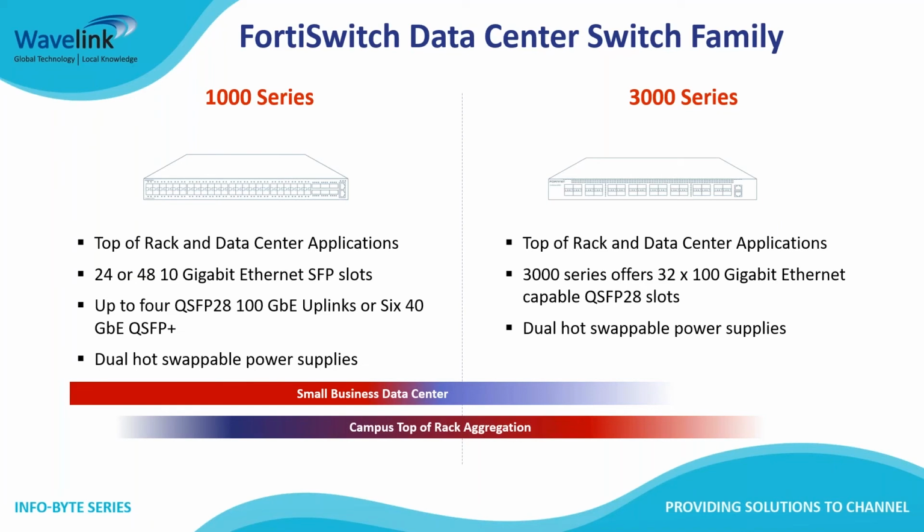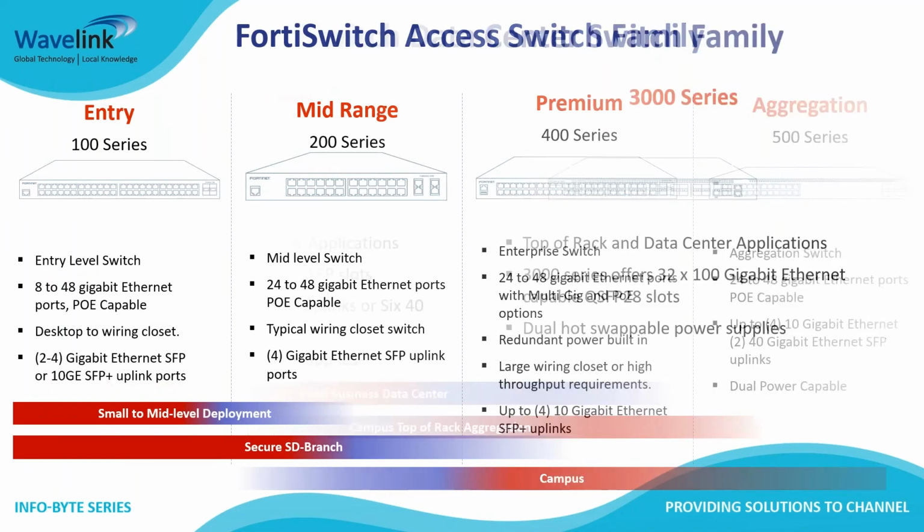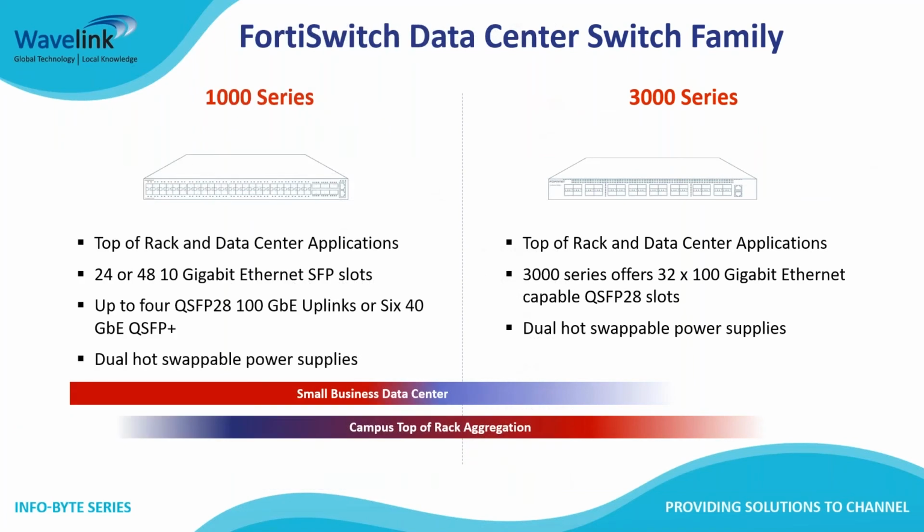The earlier series, the access switch family, even though they have dual power capability, they're not hot swappable. So the switch that starts this is the 1024D. That's the first switch in the DC series that you get dual hot swappable power supplies. And everything from there has that capability.